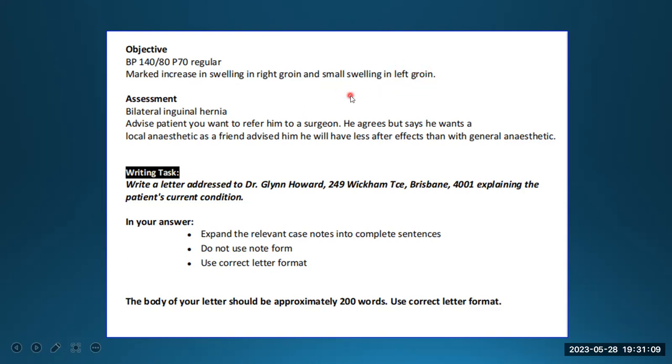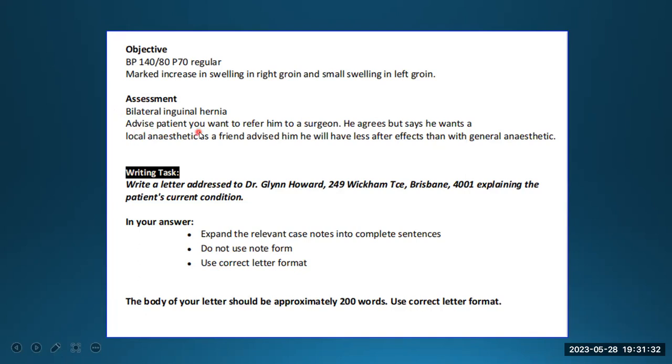So what's changed in the presenting complaint? Now there is a swelling on the left groin as well, along with a marked increase in right groin swelling. So on assessment, my diagnosis has changed and it has become bilateral inguinal hernia.